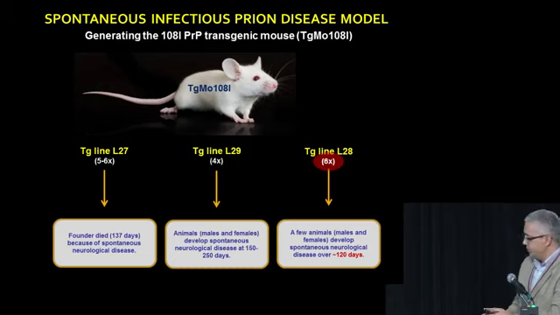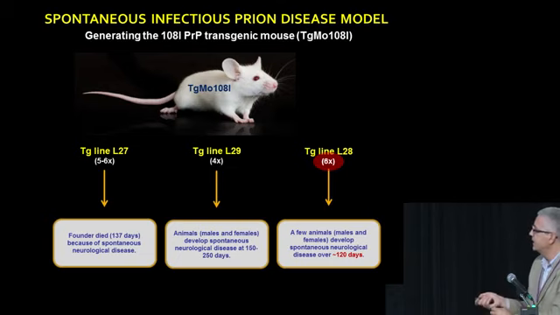We created three different lines of transgenic mice based on this particular polymorphism in mouse, the same that we used in voles, which correlates with 109, but in mouse the position is 108. The first line, overexpressing 5 to 6x, the founder died showing neurological disease at around 140 days.